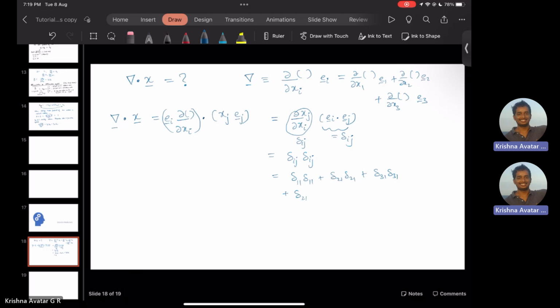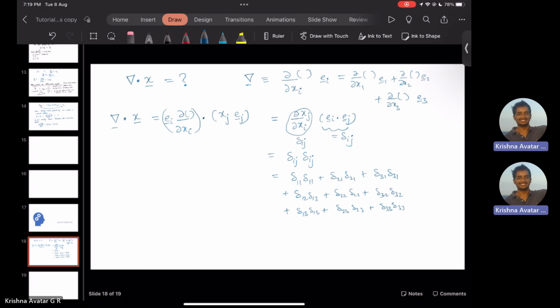So we'll have delta 1 2 delta 1 2 plus delta 2 2 delta 2 2 plus delta 3 2 delta 3 2. Likewise, we'll have delta 1 3 delta 1 3 plus delta 2 3 delta 2 3 plus delta 3 3 delta 3 3.